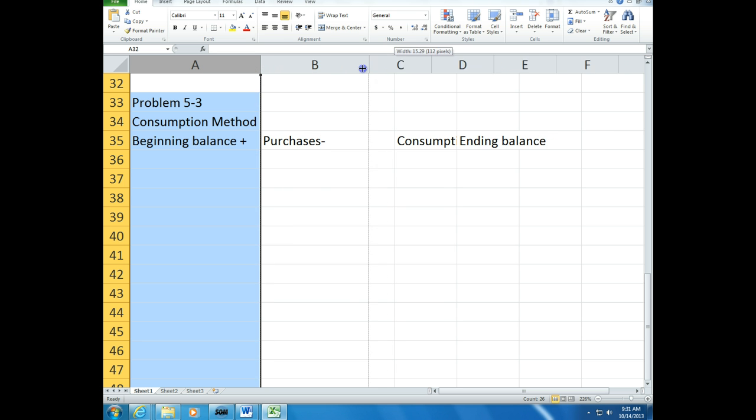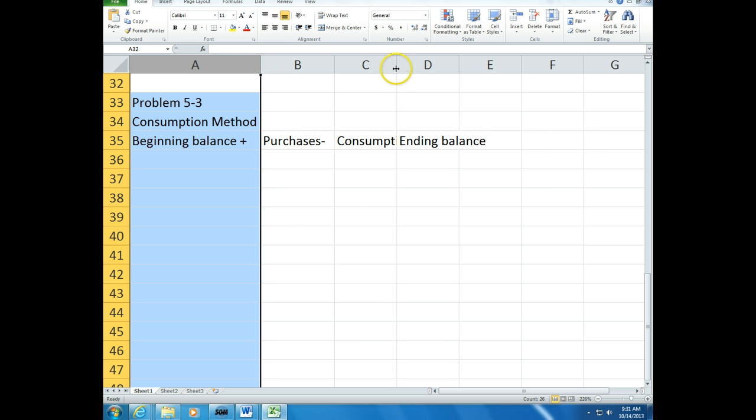You know how sometimes, when you're trying to figure out your ending balance, you do an equation: beginning inventory plus purchases minus cost of goods sold equals ending inventory. Sometimes they'll give you all but one. That's kind of what we're doing here.